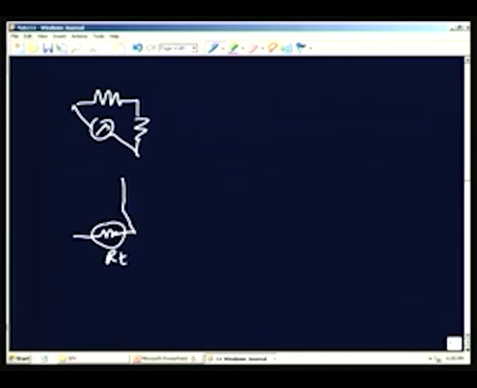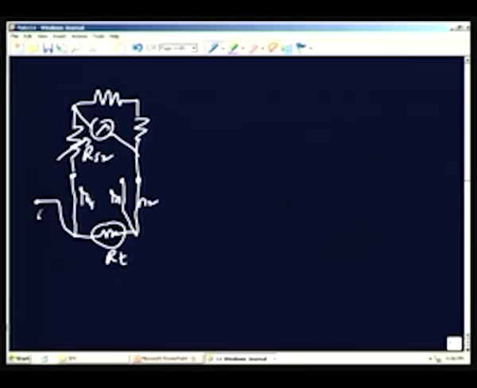I will allow R1 to float, I am going to connect R2 here, and on the other side this will be RS2 in the second arrangement, and this will be connected to R4, and the battery will be connected through R3. This is battery, this is also battery.